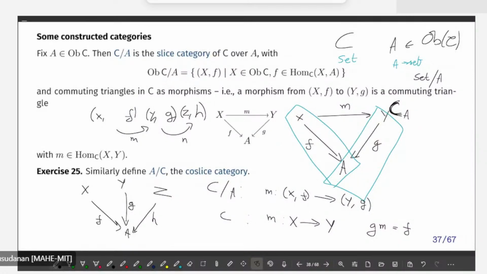Is there any relation between the group of integers and the semigroup of integers? Not really. They share the same set, but as mathematical structures, there is no comparison possible between them. Similarly, here you are just reusing that name. The origin of M is as a morphism of the original category C, but now you upgraded it to a morphism in this new category. You are reusing the same name, but it's no longer considered the same thing, so you can't ask whether they're equal.